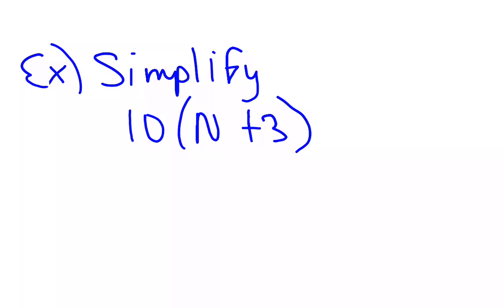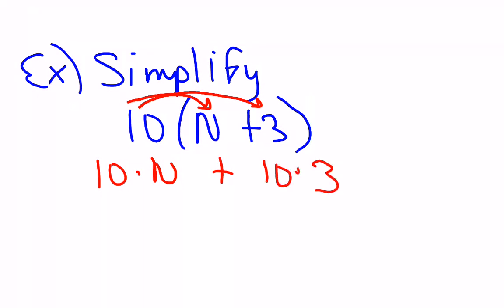So we can't do anything there, but in simplifying this, we can use our distributive property, which means whatever's on the outside gets multiplied to everything on the inside. So we're going to take 10 times n, plus sign because it's there, and then 10 times 3. That's where distribute comes from. I'm distributing the 10 to each number on the inside, or variable.